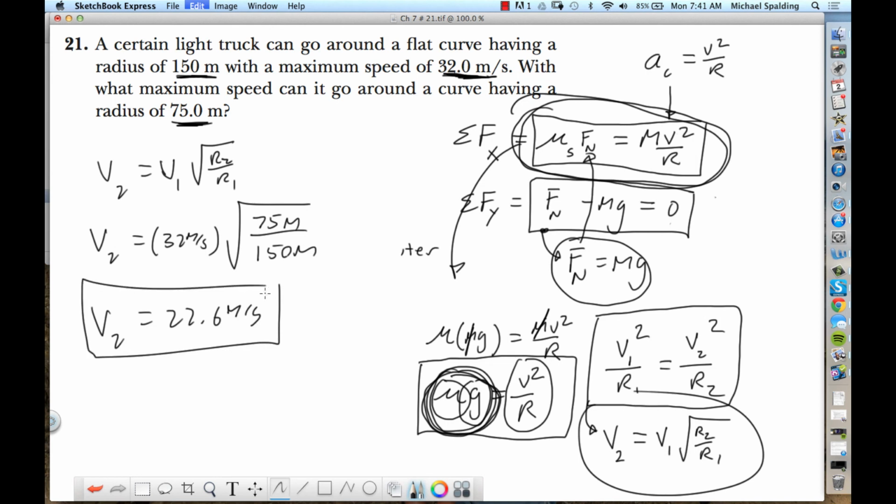Okay, that's how I did it. Look, probably most students would prefer taking this equation. If you're like, what the heck did you do, Spaldo? Some kids get this, some kids don't. Another way you could have done it, just figure out what mu is. Find what the coefficient is for situation 1, and then plug that coefficient into situation 2 and solve for the velocity.